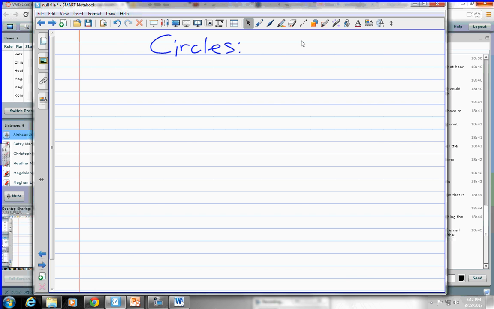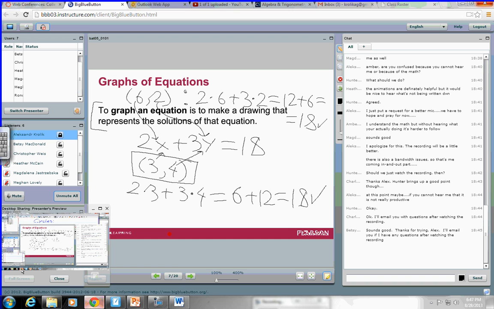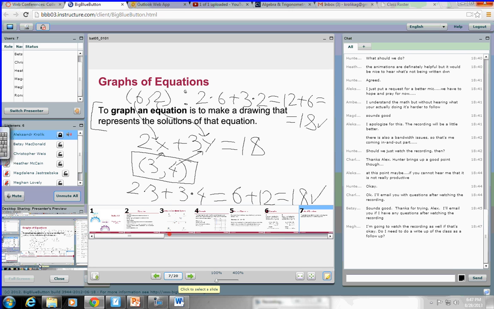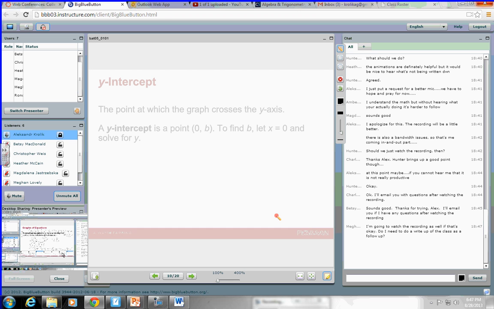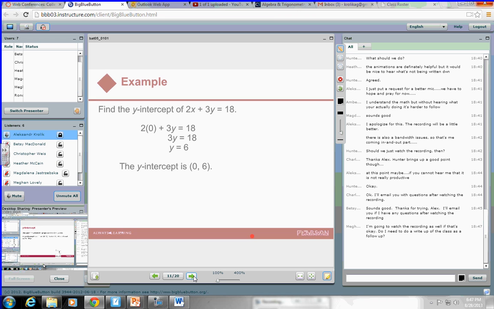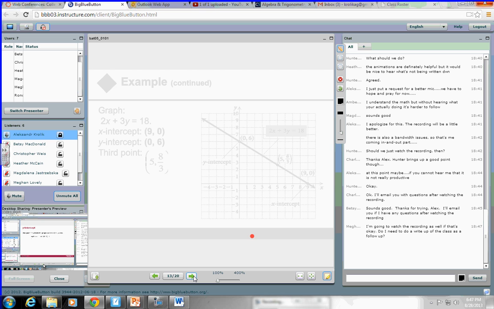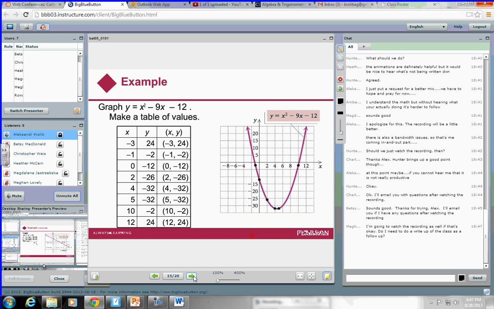So your book has a definition of a circle somewhere in there. Let's see, because I don't want to write that big sentence.